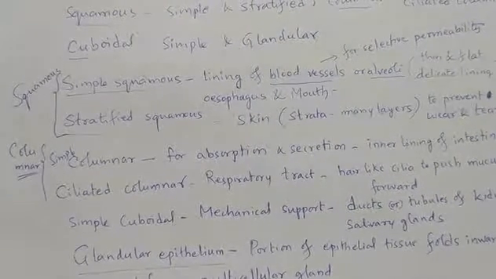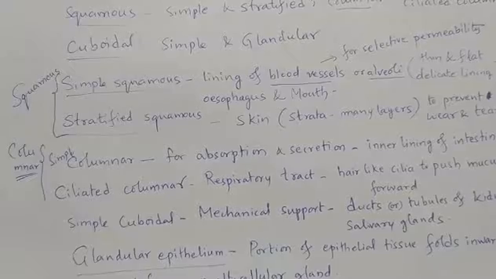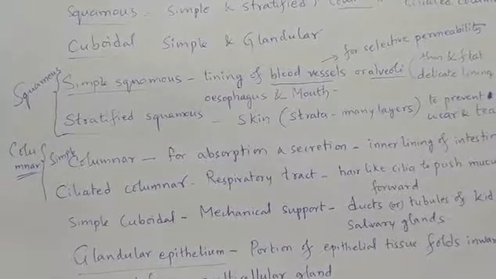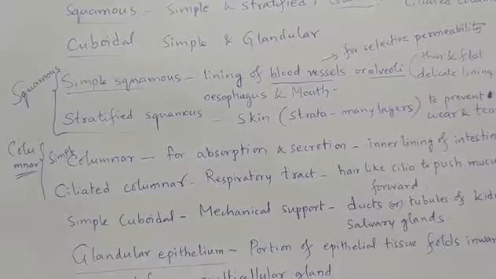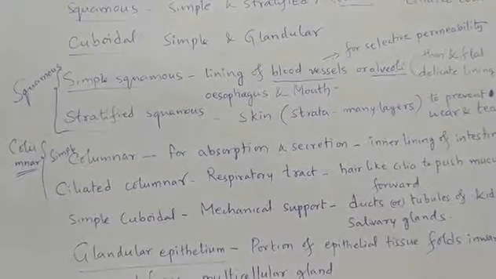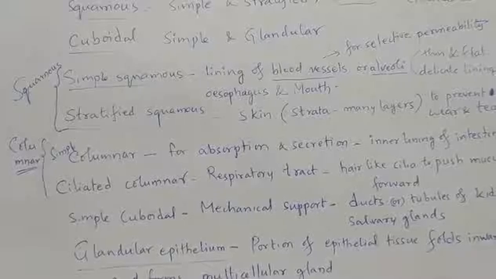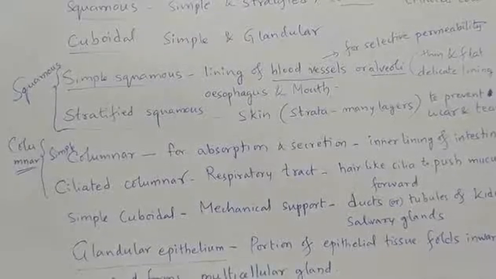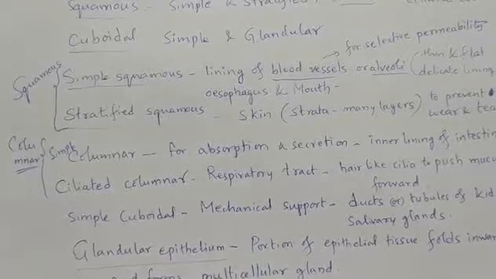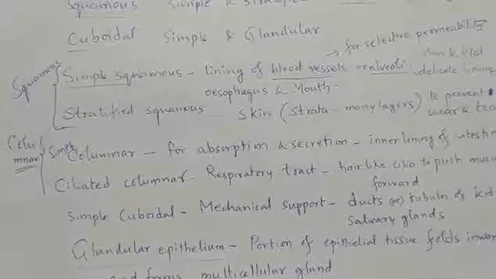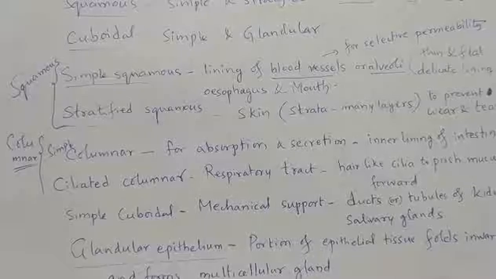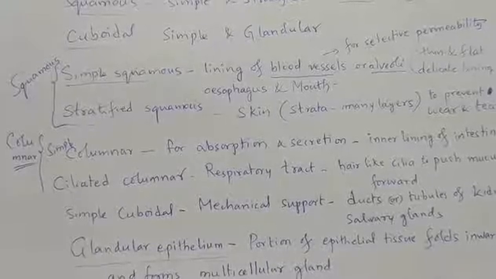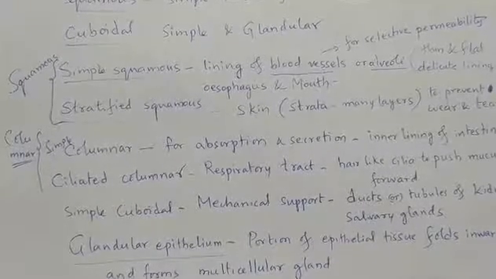Stratum means layer. Strata means many layers. Stratified squamous epithelial tissue is present in skin. By having many layers of squamous epithelial tissue, skin is able to prevent wear and tear that are generally caused by various environmental pressures.